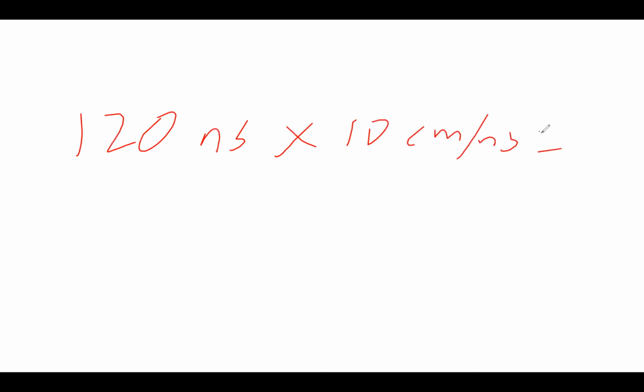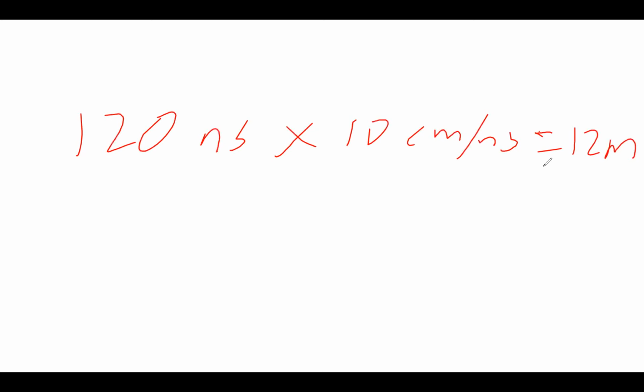So if you want to see 6 meters down and it's moving at 10 centimeters per nanosecond, then you'd have to go at least 120 nanoseconds. 120 nanoseconds multiplied by 10 centimeters per nanosecond equals 12 meters.